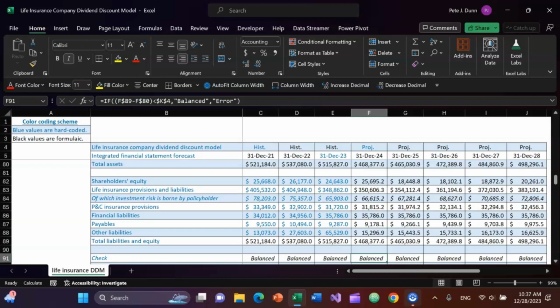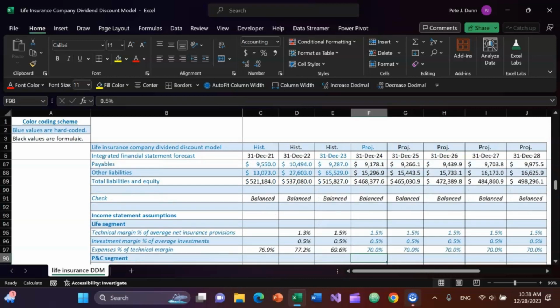That's close enough for me to where I'll say that's balanced. If it's not balanced, if it's beyond $1 difference between the two, it'll throw off an error message. So that's how I use the if statement for balance check of this balance sheet.